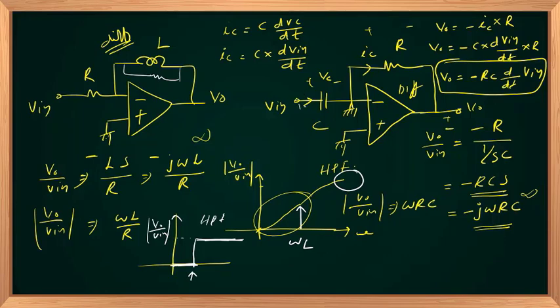This will become short as omega reaches infinity, so you can insert a series resistance. So it will rectify the issue at omega tends to infinity. Then you can define upper and lower cutoff frequencies. So that's all about the high pass filter or differentiator circuit.